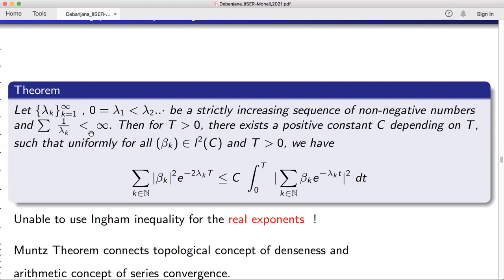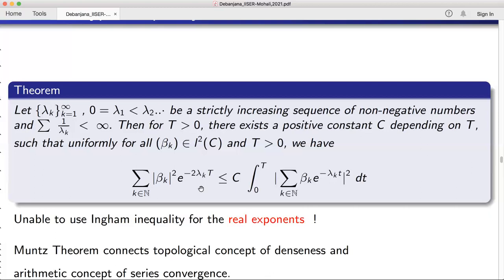And for heat, if you write down the expansion of the solution of the heat equation, then these e to the power minus lambda_k t exponents will come. So this inequality will help to study the observation problem for the heat equation. That's what I want to mention.